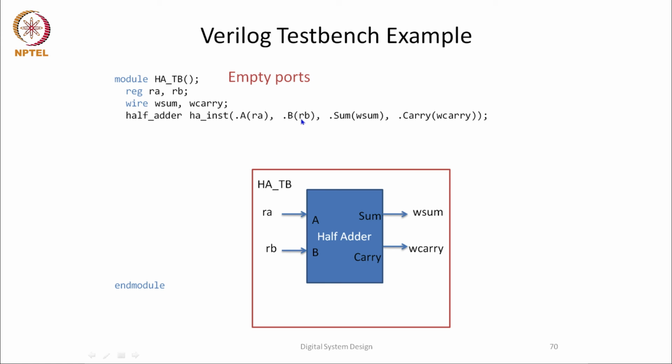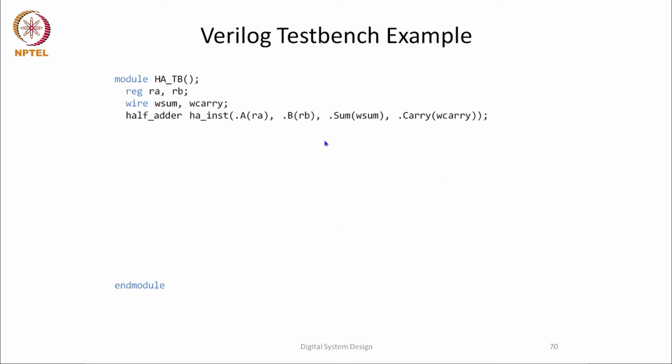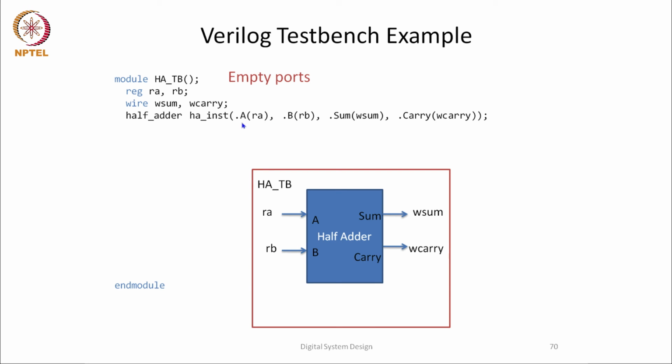Similarly, dot B is connected to RB of the test bench. Dot sum is connected to W sum, and dot carry is connected to W carry. That's how we make the connections, and this is also called port binding. When we use this particular style of port binding, it doesn't matter what the order of ports, or the order of variables, within this instance is.